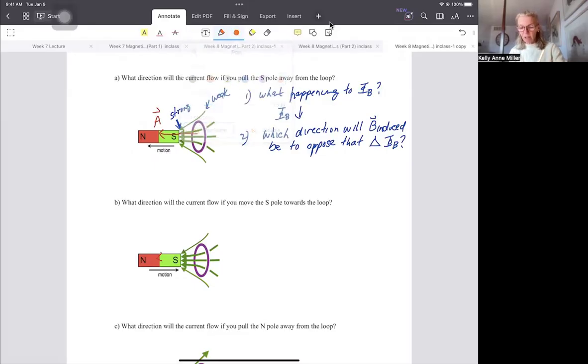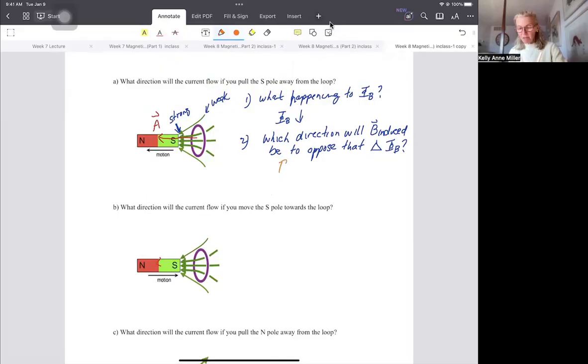The answer is that the B induced is to the left. I'm adding more B field lines pointing to the left to counteract the decrease in B field lines that is occurring as a function of me moving the magnet away. So the B induced is to the left to reinforce the B field that is dissipating from the magnet moving away.